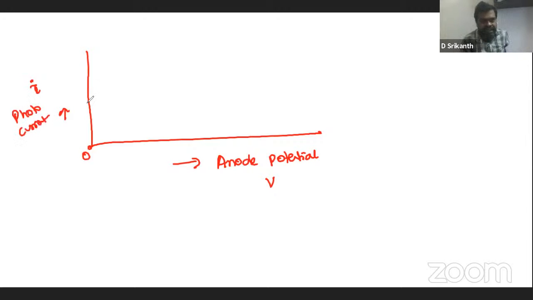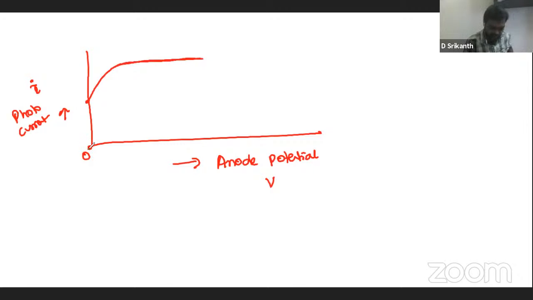This photocurrent is due to the incident radiation. As the potential increases, current also increases and reaches a saturation value.